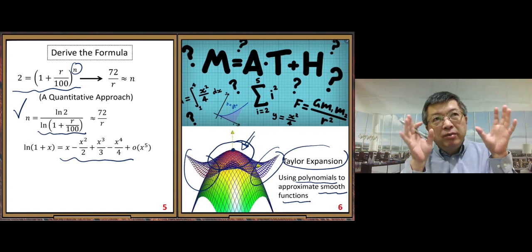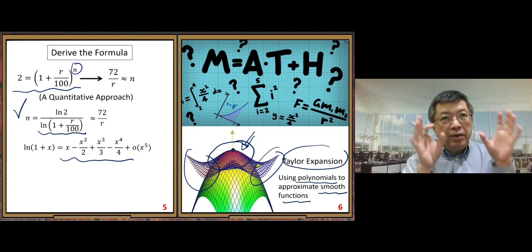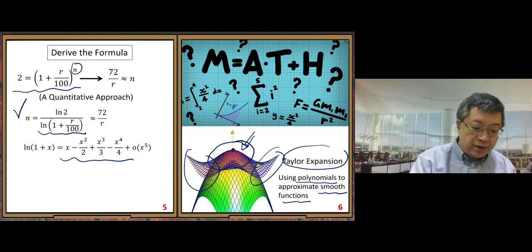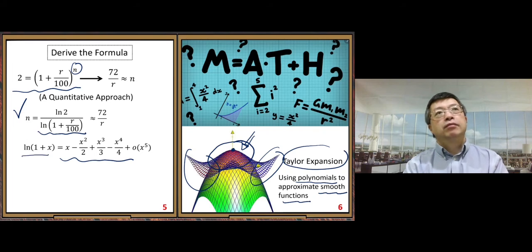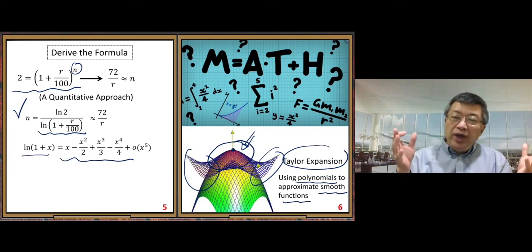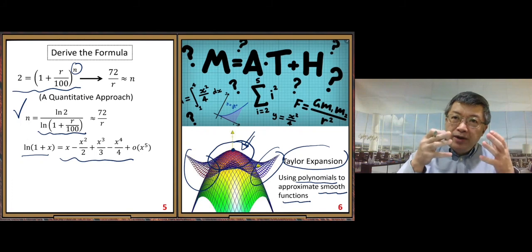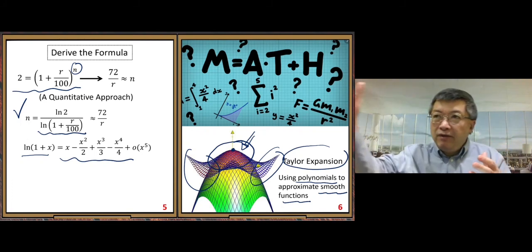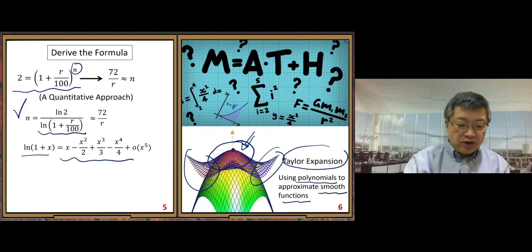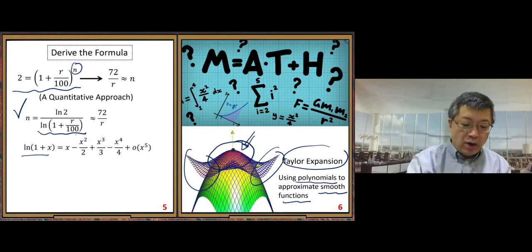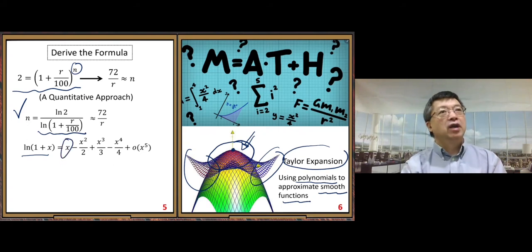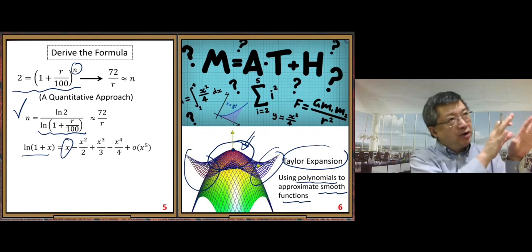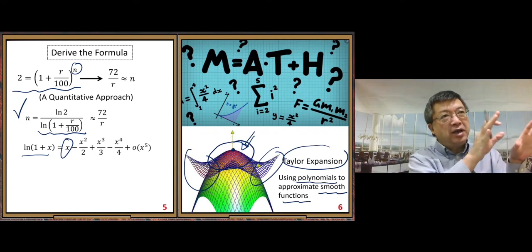When we use polynomials to approximate the natural log function 1 plus x, we approximate it in different levels, different steps. The first step, we do one term approximation, only x. We can use x to approximate natural log of 1 plus x.